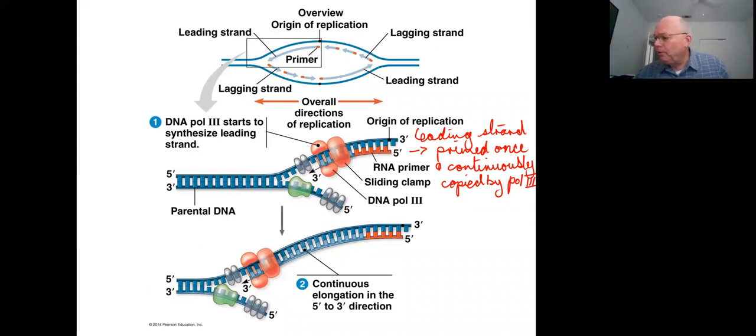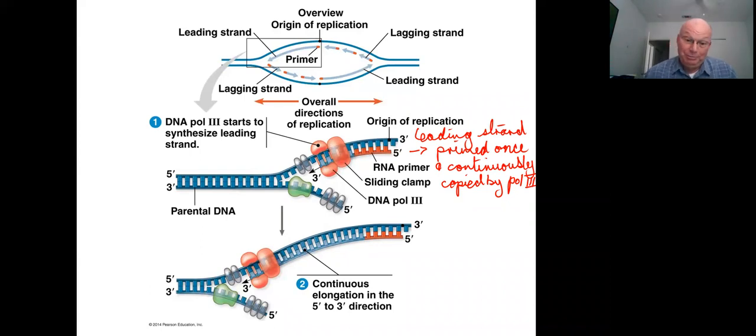So the question then becomes, if we're copying the leading strand, the strand that's being read 3' to 5', as a continuous copying process, what happens on the other strand?